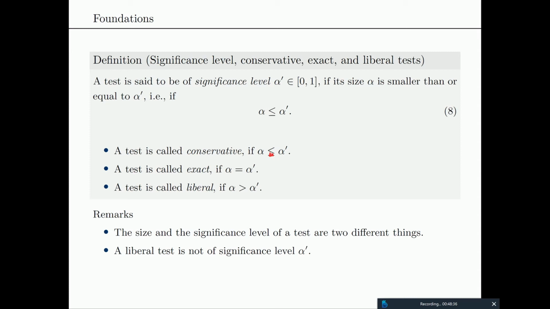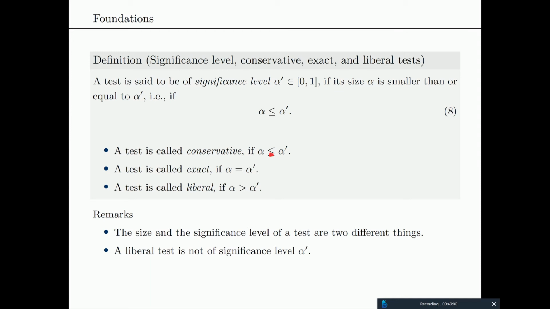The significance level is something that you impose, and usually you want to make sure that the type 1 error rate of your test when constructing it is equal to your significance level if you create an exact test, or smaller than your significance level if you want to create a conservative test.